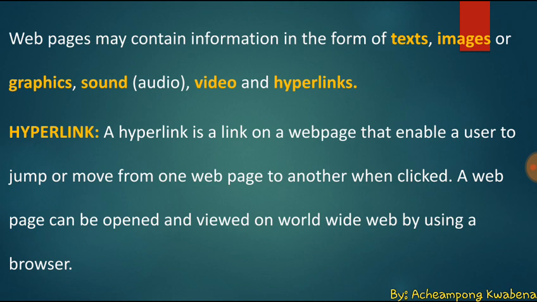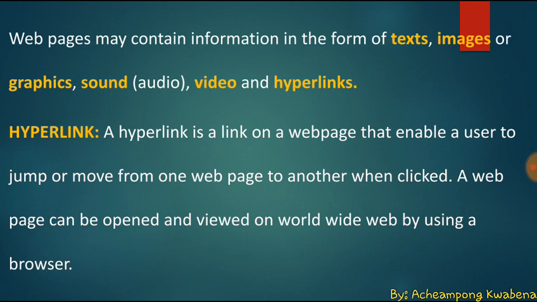So let's say, assuming on your phone, you enter a website address, let's say www.myjoyonline.com. The page that opens is what we refer to as a web page. And that page contains text, images, graphics, sound, video, and hyperlinks. If not all, it may contain two or one of them.